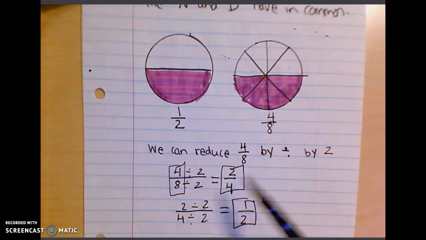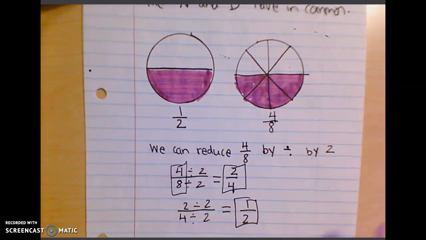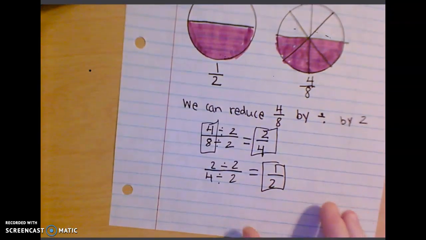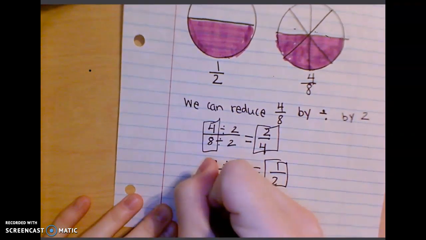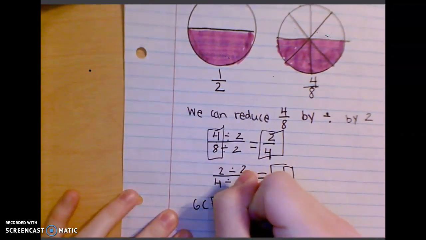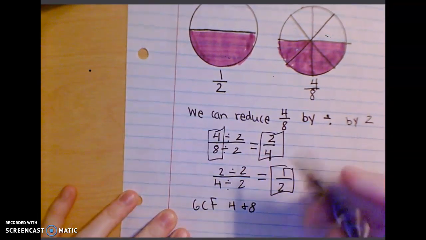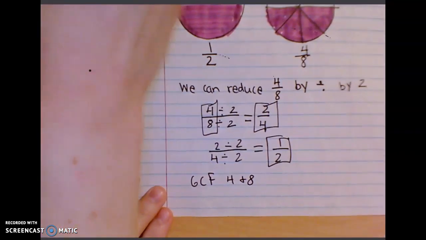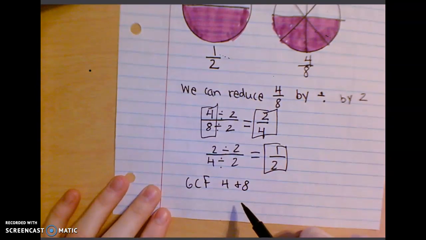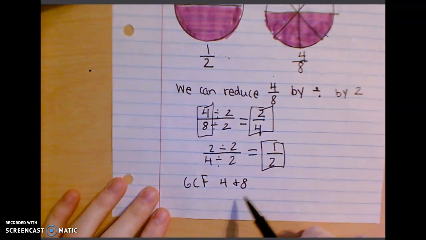So we can avoid needing to reduce more than once if we divide by the greatest common factor. We talked about GCF a couple lessons back. If we find the GCF, the greatest common factor, of 4 and 8, if we would have done that at the beginning, we would not have had to have reduced twice. This is just something that'll save you some steps here.